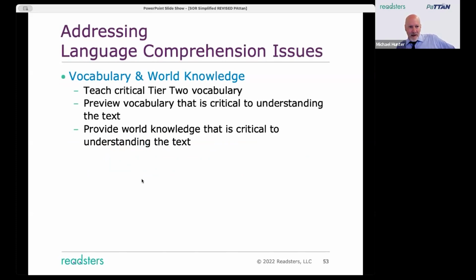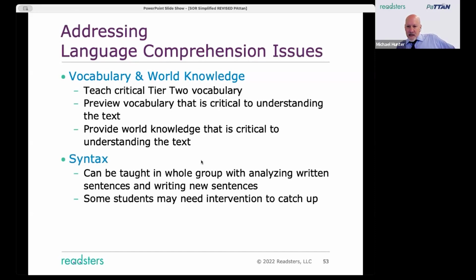That's pretty straightforward. On the syntax and reasoning side, syntax is how words arranged in order affect meaning. Basically, this is how sentences work. And that can be taught whole group.